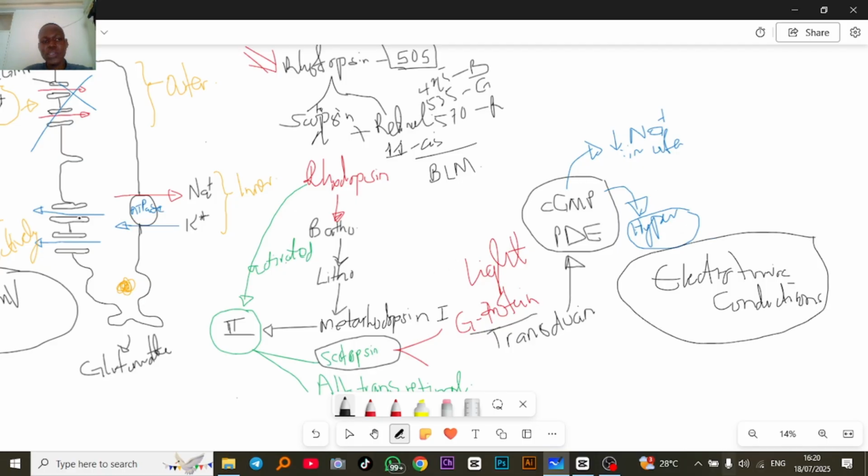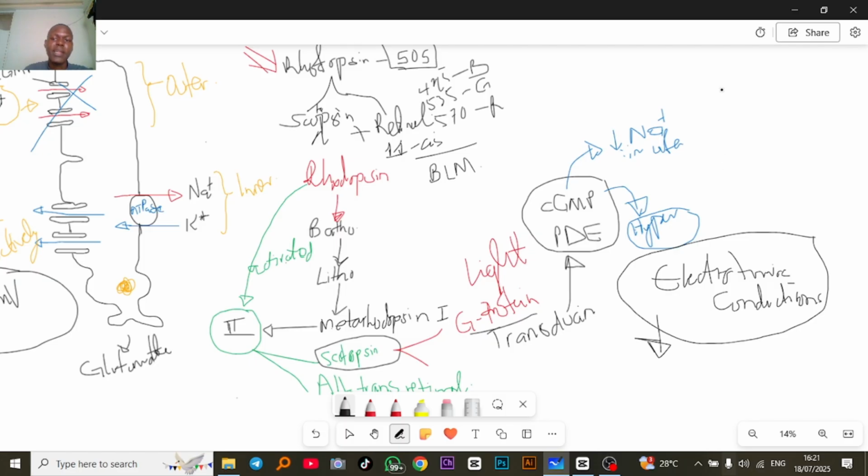So here it does not apply to the photoreceptors. They will just transfer these visual signals, in that the higher the light intensity, the higher the amount that will be transferred, whereas the lower the light intensity, the lower the effect. You get? That's what we refer to as electrotonic conductions.